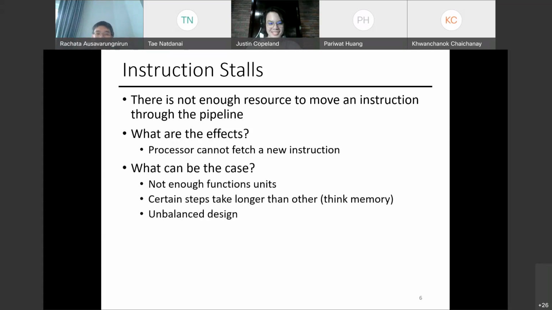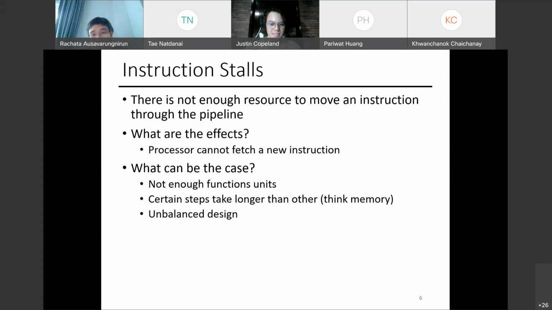And what can be the cause of this? It can be that everyone wants to use an adder, right? Let's say, back to the kitchen example, everyone wants a grilled scallop. The seafood station would die, right? Because everyone is waiting for the scallop to finish. So same thing here. Let's say you have a workload that needs tons and tons of multipliers. You're going to wait for the multiplier, right?